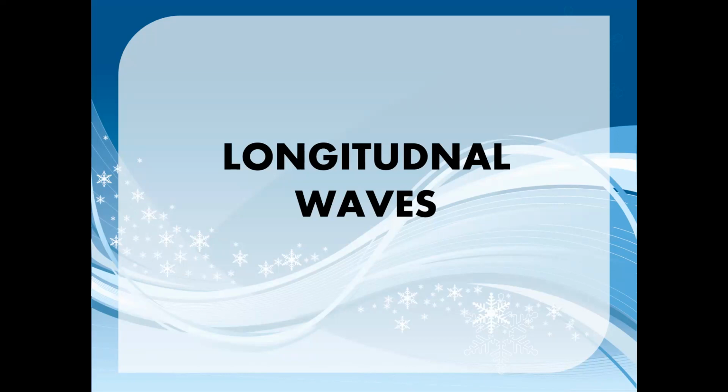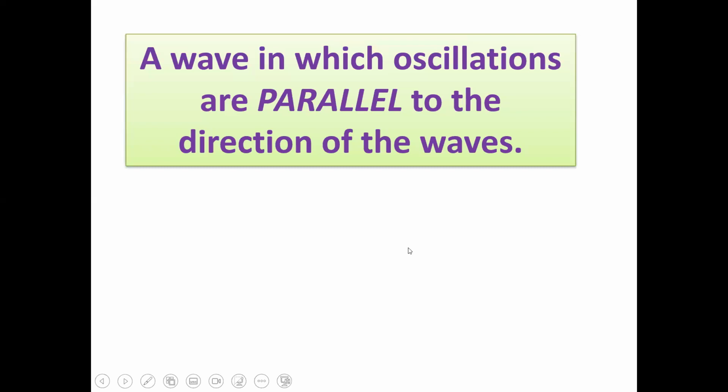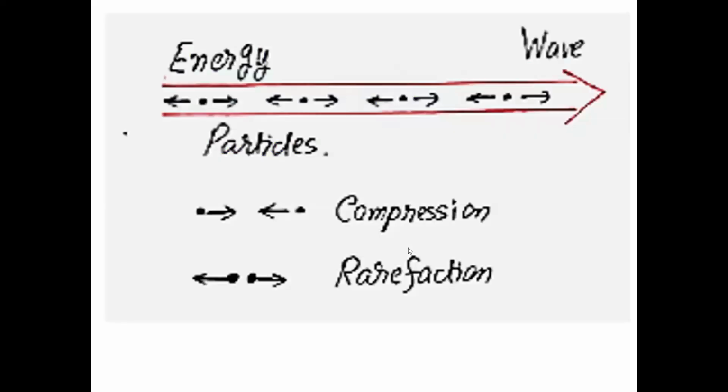So longitudinal waves, we started that. We first made the definition. We had written that a wave in which oscillations are parallel to the direction of the waves. When a longitudinal wave travels, it's a sequence of compression and rarefaction. What is compression?